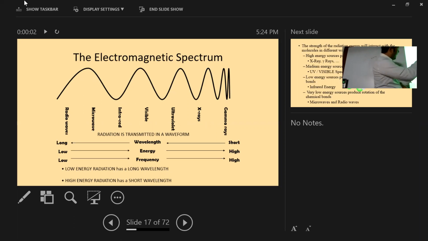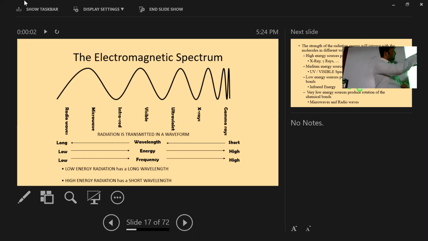If you consider this region, it is our radio wave, so the wavelength for the radio wave is very big. When you go a little right, in the microwave, the wavelength becomes a little bit shorter. Infrared is again shorter, visible again shorter, ultraviolet again shorter, X-ray even shorter.